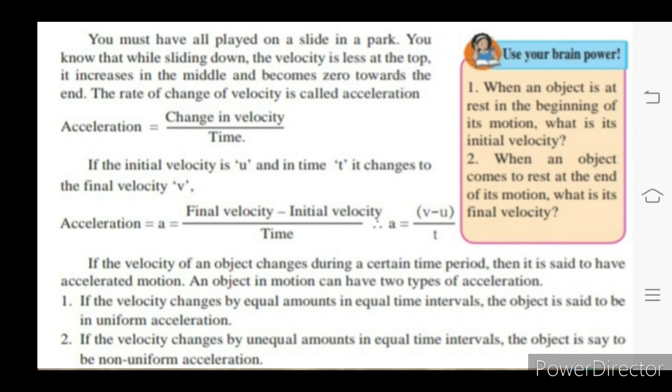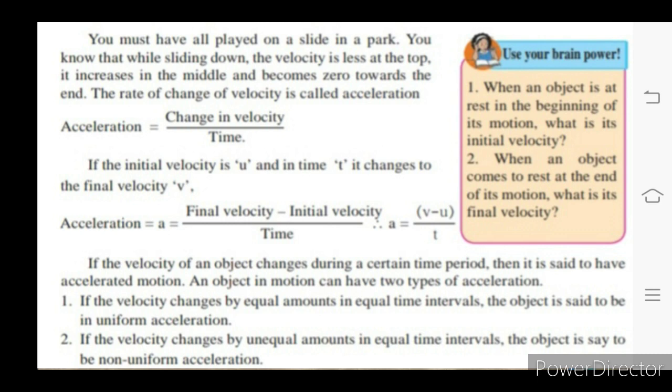Now acceleration equals change in velocity per unit time. If the initial velocity is denoted by small u, time by t, and final velocity by v, then acceleration a equals final velocity minus initial velocity upon time. That means a equals (v minus u) upon t.